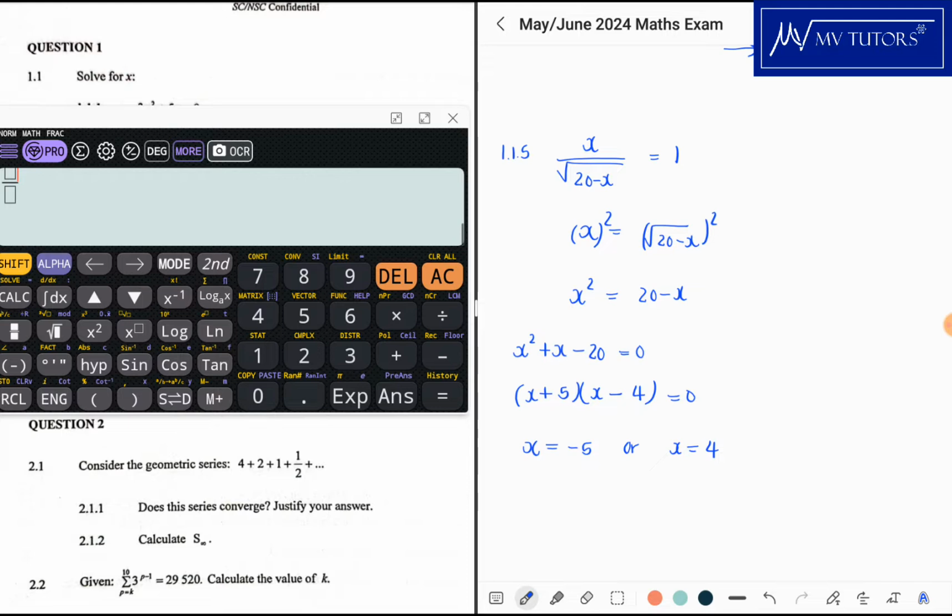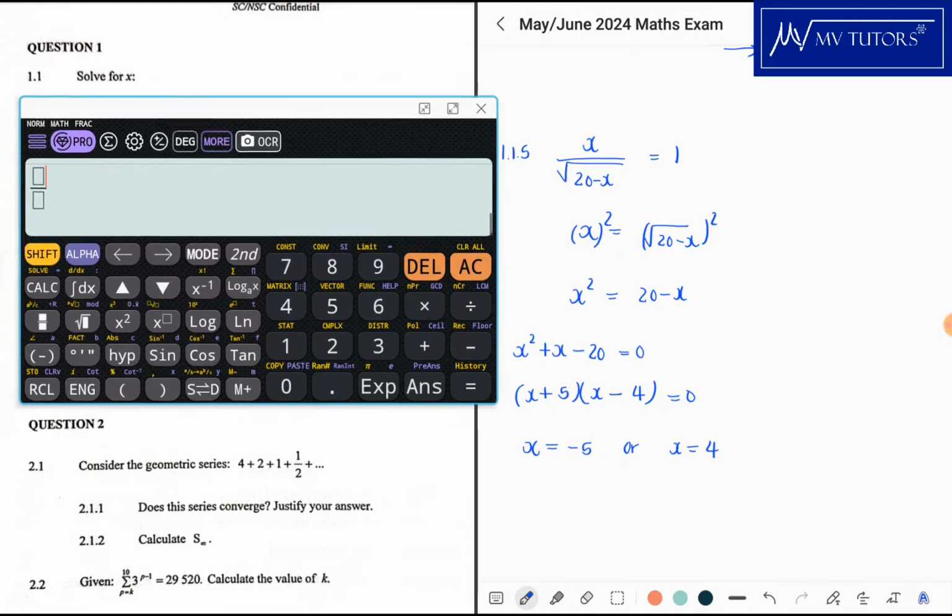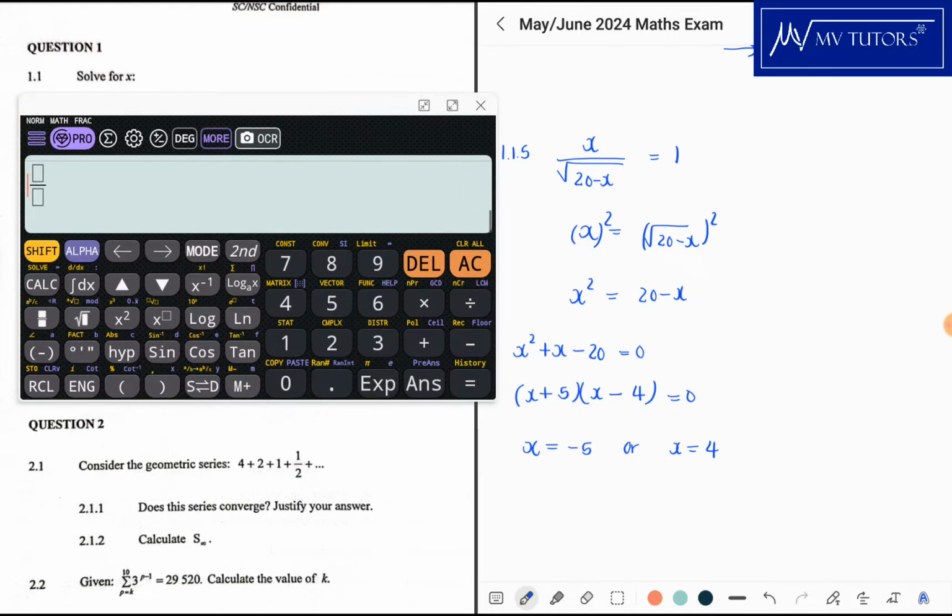So let's first start. We go to the original equation that was given. If I put minus 5, minus 5 over root 20 minus 5, is that equal to 1? No, it's equal to negative 1, so x is not equal to minus 5.